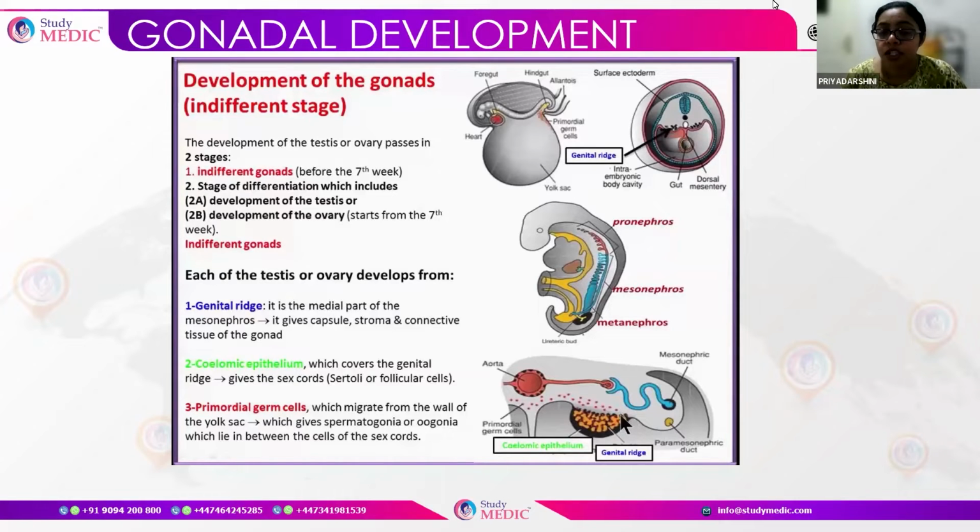And this is the origin of the sex cord cells, which are the Sertoli and the follicular cells. The most important one is the primordial germ cells. The primordial germ cells are going to arise from the wall of the yolk sac and they migrate towards the genital ridge. And it is these primordial germ cells which are the originating cells for your spermatogonia or oogonia.